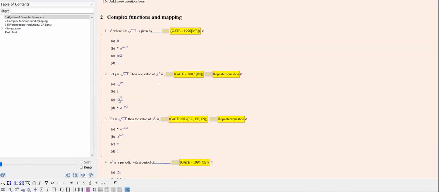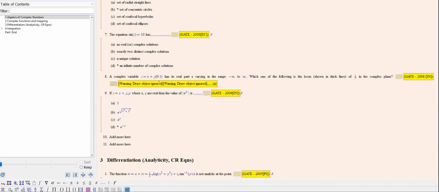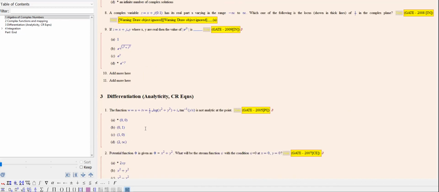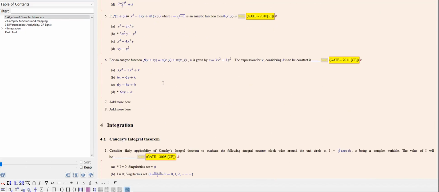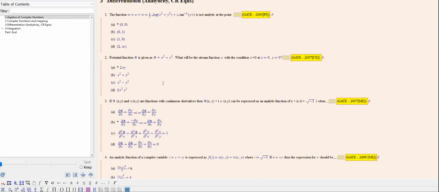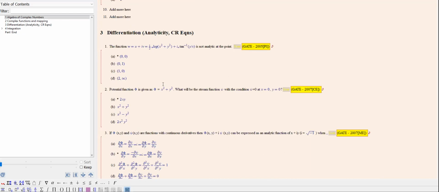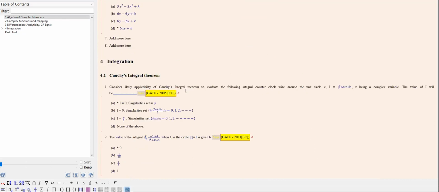Then let us look at complex functions and mappings. 9. Okay, and these are very simple questions. That's not very difficult. Then differentiation. 6. That means analytic functions, Cauchy-Riemann equations, which we will discuss.